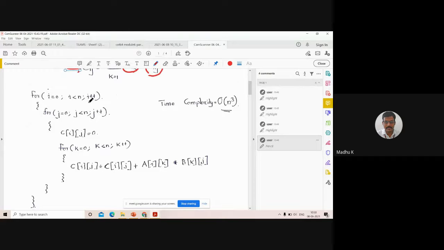This is the traditional method we follow to multiply two matrices.